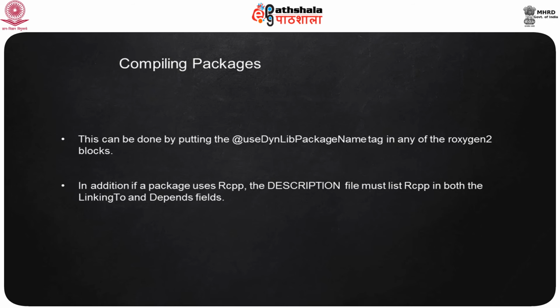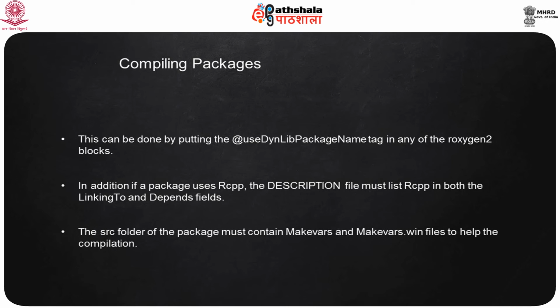In addition, if a package uses Rcpp, the DESCRIPTION file must list Rcpp in both the LinkingTo and Imports fields, because these are all the dependencies which your newly invented package must have. The src folder of the package must contain Makevars and Makevars.win files to help the compilation.